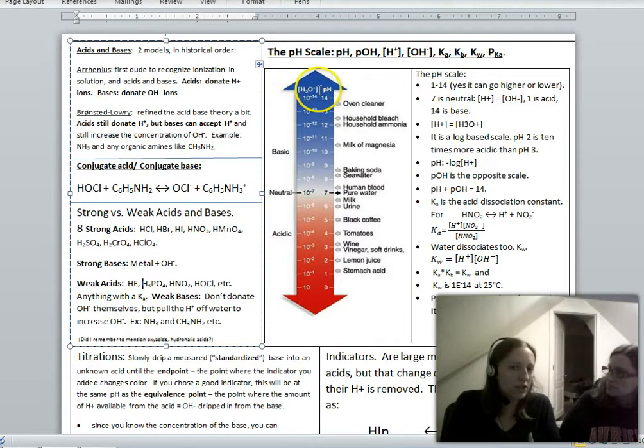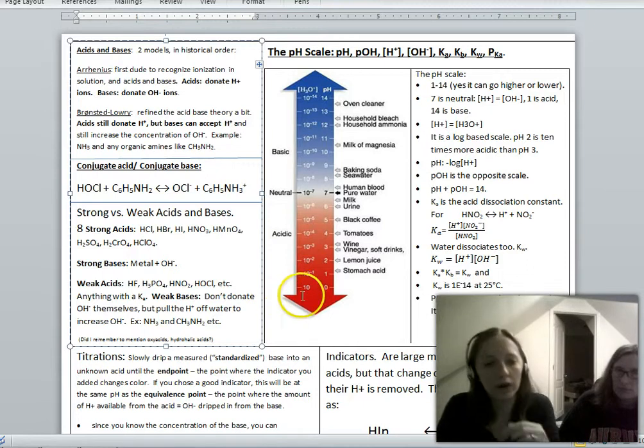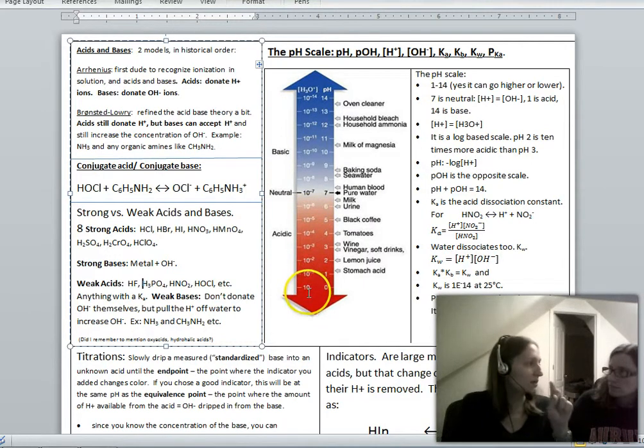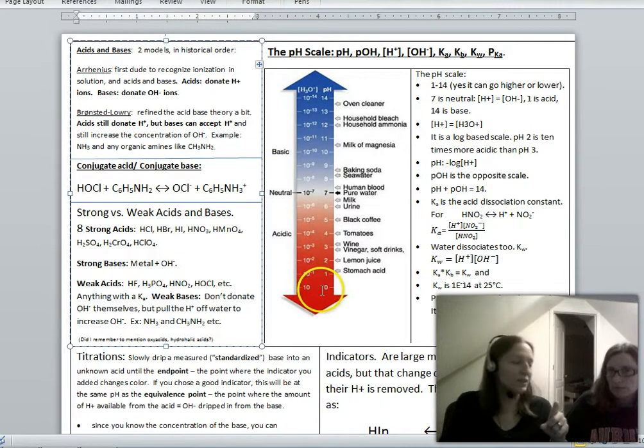The concentrations are times 10 to the negative. So we did this before, where if you have a concentration of 10 molar, the left side is in molar. So 10 molar hydrogen ions, that's 1 times 10 to the 0th power. How many zeros are there?